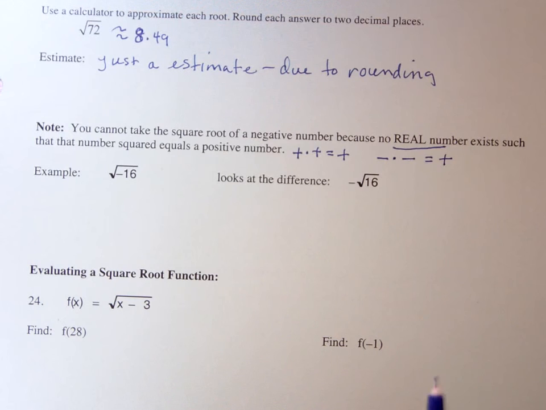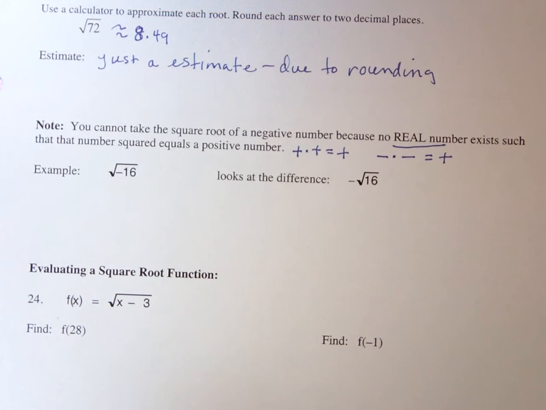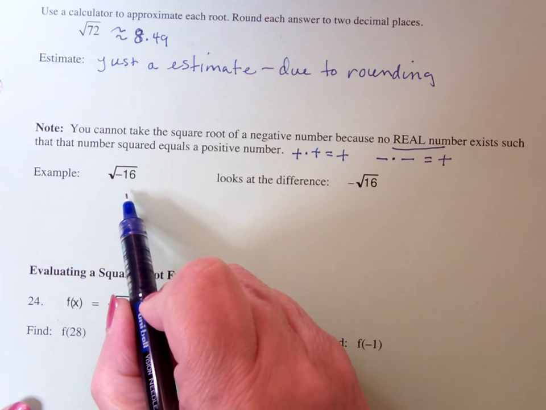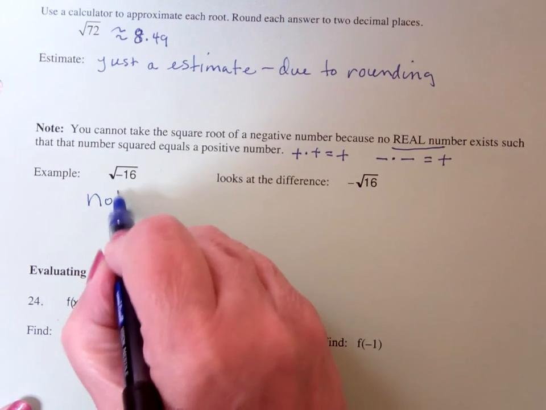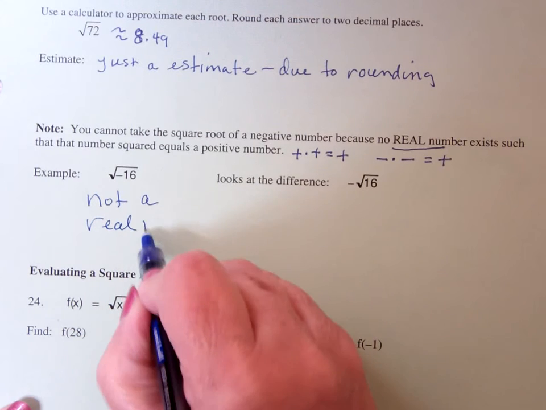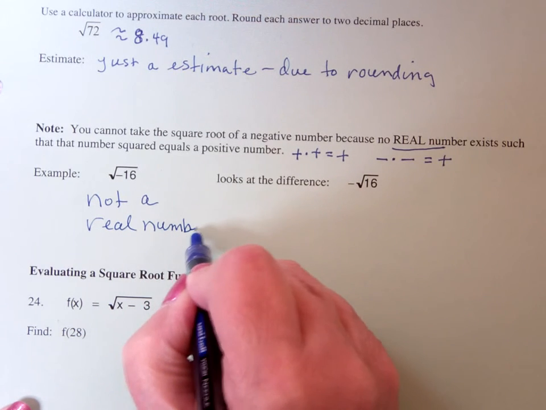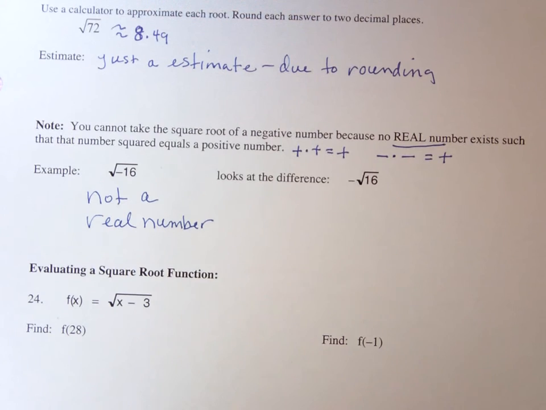So if I multiply two numbers that are the same, both negative, I'll get a positive. So if I try to take the square root of negative 16, this is not a real number. It is, however, an imaginary number. And we won't do that until the last section. I think it's 8.7. We'll look at imaginary numbers.